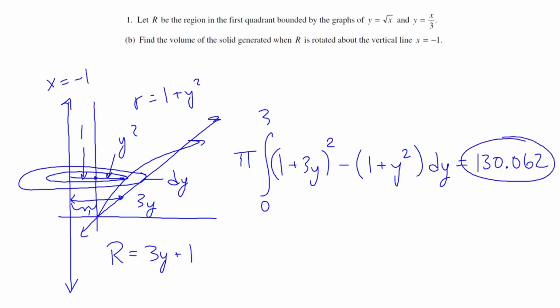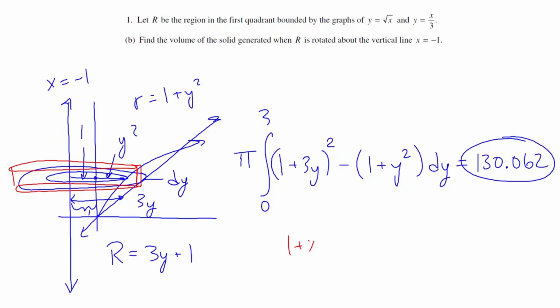And as I said, we could have done this in terms of x using shells, right? We draw a little rectangle here and revolve that around the line x equals -1. Not quite how I drew that, right? Like this. And the radius would just be 1 plus x, right?